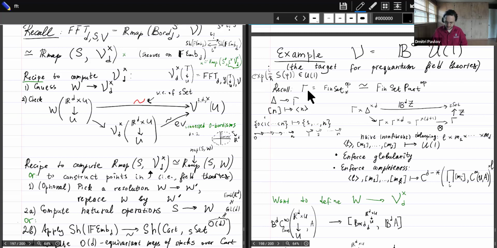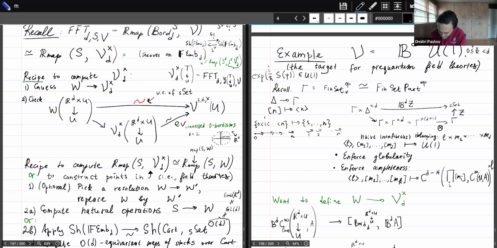Let me also very briefly remind you what this d-looping is. The idea is very simple. You have a single k-morphism if k is between 0 and less than d.